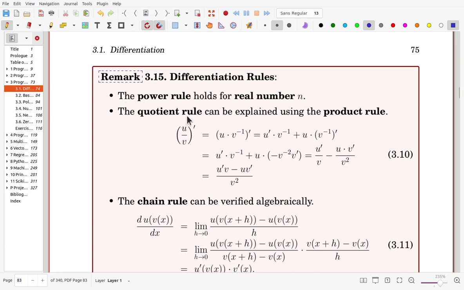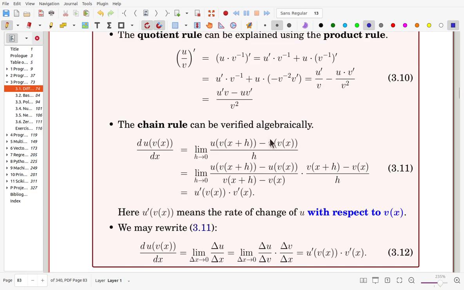For the quotient rule, here there is a mathematical derivation of u over v prime, and that is another way of getting the quotient rule. Rather than u over v, we write it down as the product u times v to the power minus 1, and we are using the product rule here. And then we simplify, and we can get it. So in a sense, the quotient rule is a special form of the product rule.